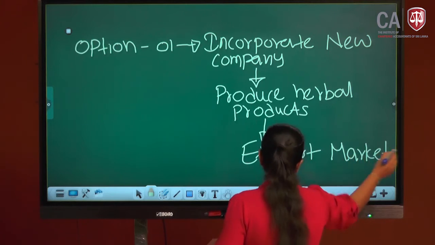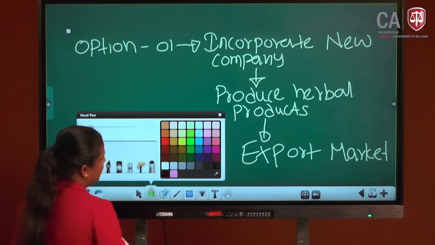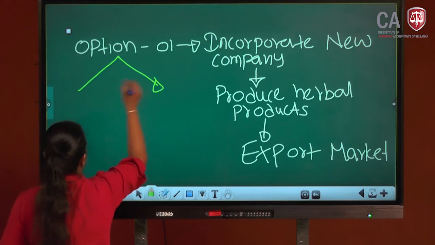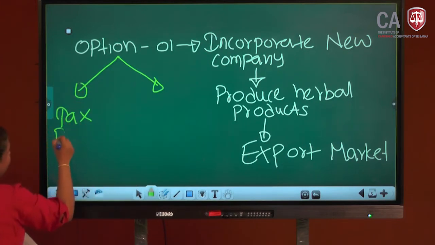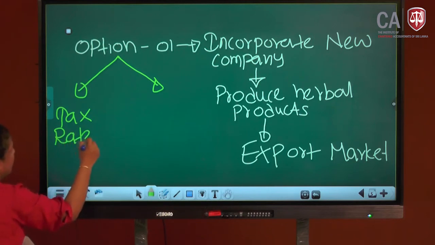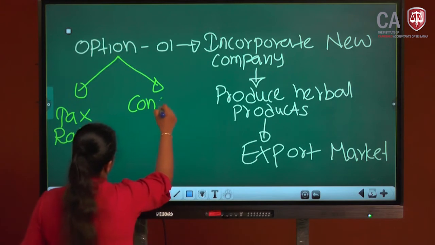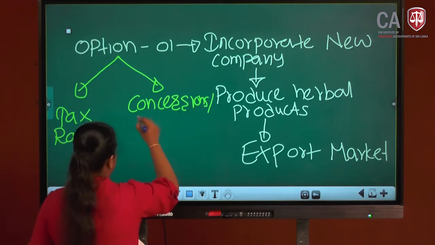Now I will take the easy points first. We have to analyze two things on this option 1: first, the tax rate, and the second one, the tax concessions. Concessions mean exemptions and all.